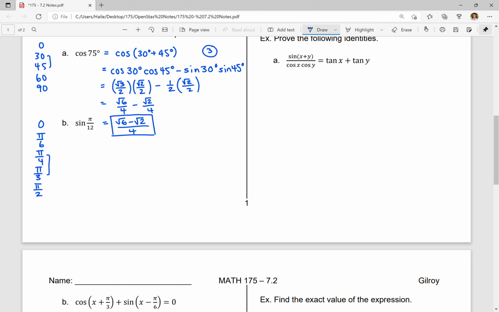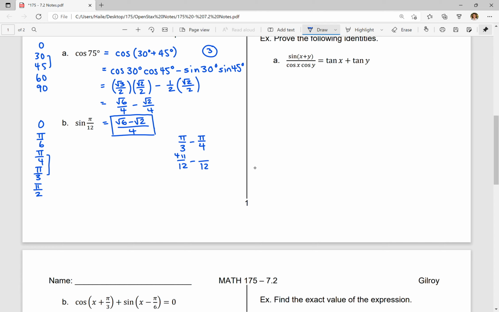So let's check to make sure. Pi over 3 is bigger, so we probably want to do pi over 3 minus pi over 4 to get pi over 12. So let's check and see what that gives us. We have pi over 3 minus pi over 4. If we convert these to fractions with denominators of 12, to go from a denominator of 3 to a denominator of 12, we had to multiply by 4. So we have to do the same thing on the top.